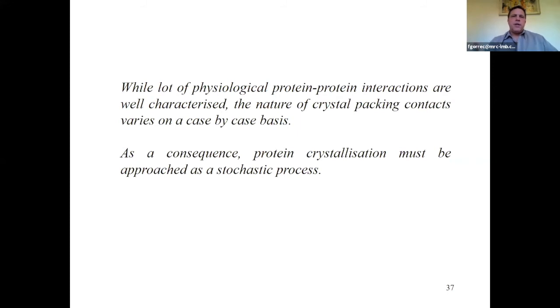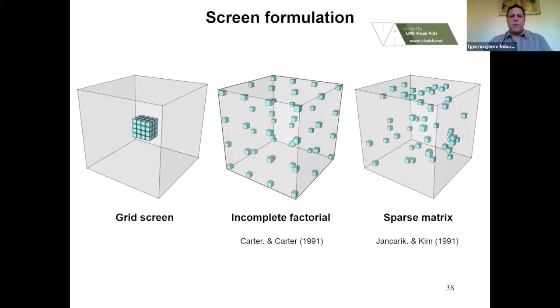I started by saying that the physiological protein-protein interactions are well characterized, but the nature of the crystal packing contact varies on a case-by-case basis, so you don't know what components to use to make it right. So it's all approached as a stochastic process. Screens are composed with different components and formulated in different ways.